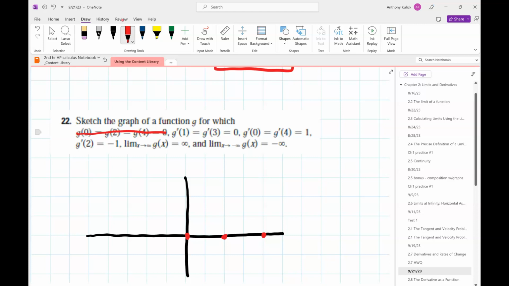It says g prime of 1 equals g prime of 3 equals 0. So what it's saying there is the slope of the tangent line to g of x is 0 when x is equal to 1 and when x is equal to 3. What does the graph look like if it has a tangent line with slope 0?